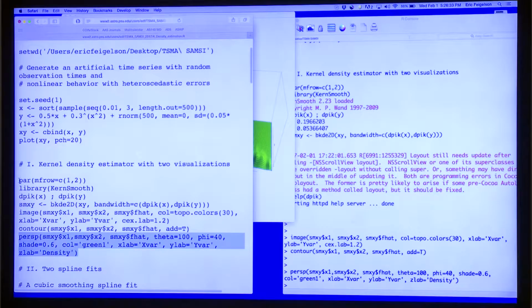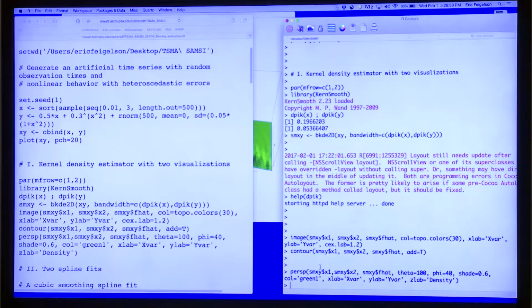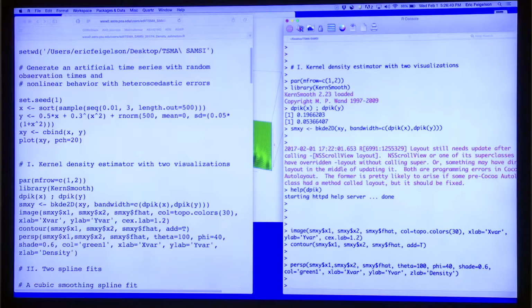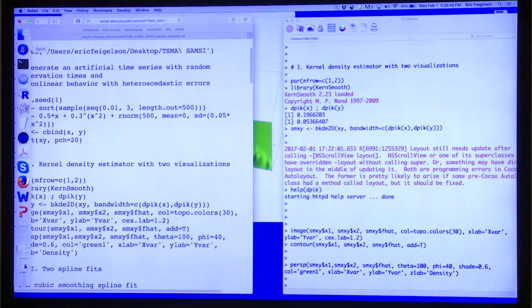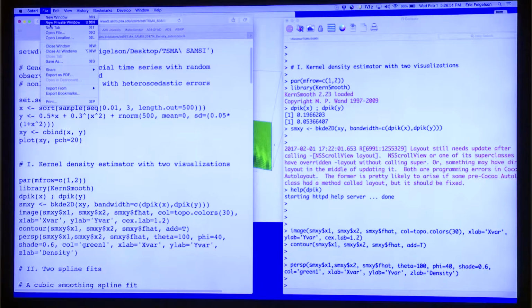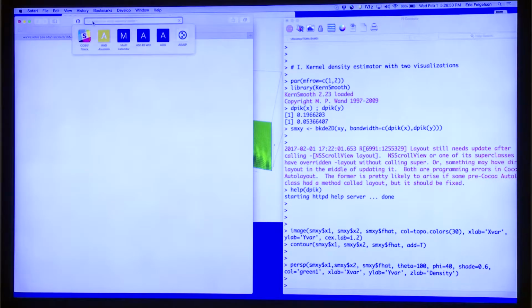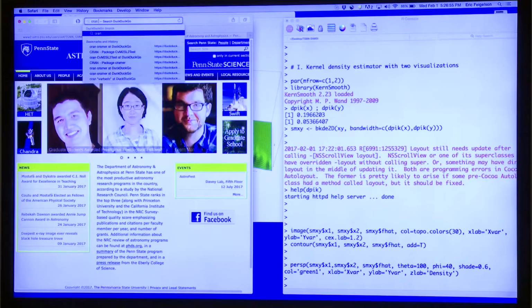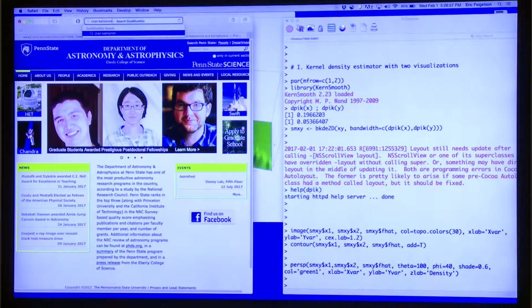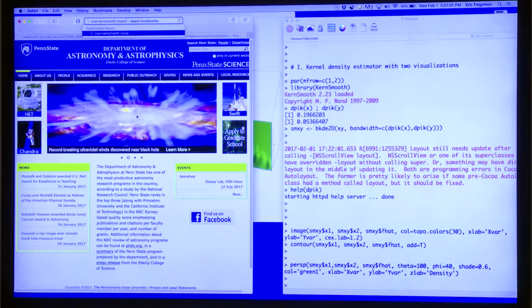We didn't actually use cross-validation. I bet I could do it. Let me search for kernel smooth cross-validation kernel.